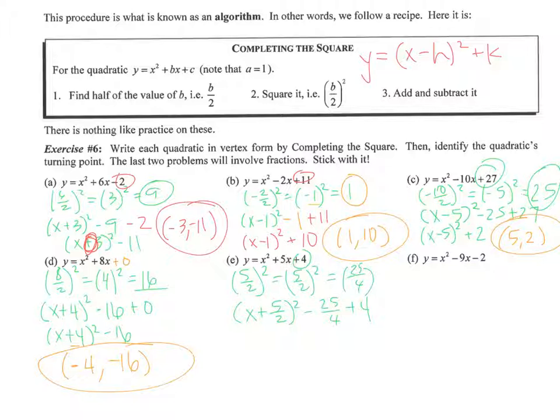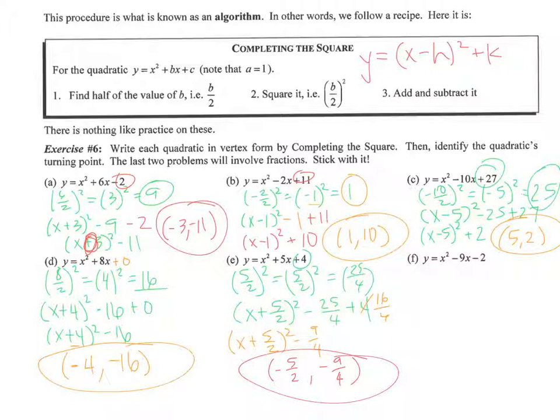Fractions. So we still have our x plus 5 over 2 squared. I need to make this 4 into fourths so that I have a fraction I'm dealing with. I have negative 25 over 4 plus 16 over 4, which becomes negative 9 over 4. So our turning point is negative 5 over 2, negative 9 over 4.